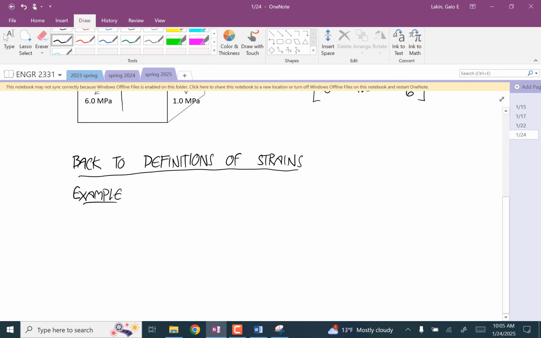Let's say that you start with a piece of material like this. Let's say this is 1 centimeter. And this is 0.008 meters. That is wildly out of proportion.